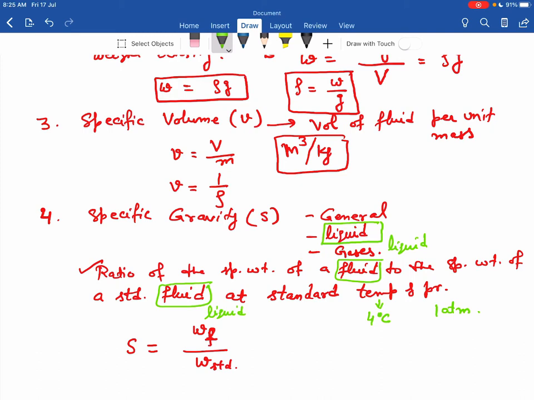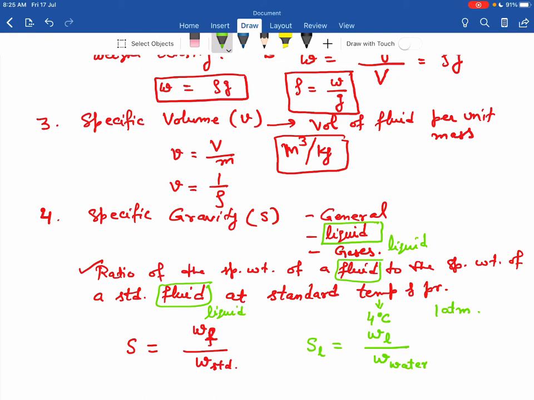So the ratio of specific weight of a liquid to the specific weight of a standard liquid at 4 degrees centigrade and 1 atmospheric pressure is the specific gravity of a liquid. So specific gravity of a liquid is specific weight of liquid divided by specific weight of standard liquid. Now standard liquid is water at 4 degrees centigrade and 1 atmospheric pressure.